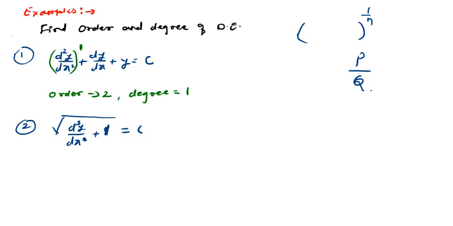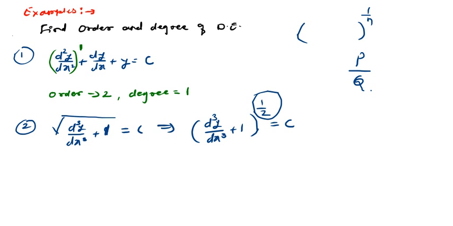If you see this example number 2, it contains a term raised to half. So I can write this as d3y by dx cube plus 1, raised to half, is equal to c. It contains radicals like this, so it should be free from that.